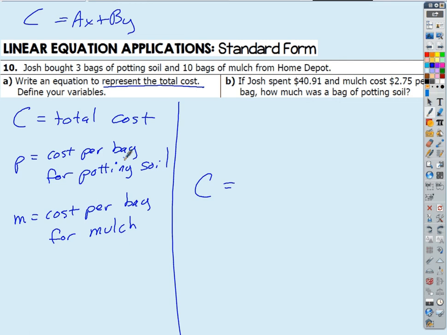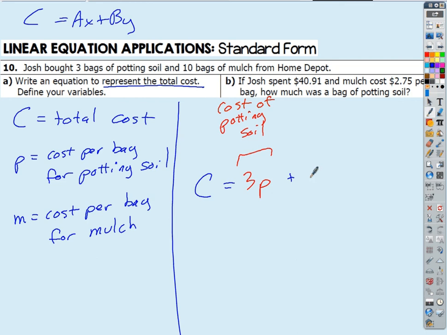So we get C equals 3P, and all that means is the cost of all 3 bags of potting soil, plus, what about the mulch? 10M, right?